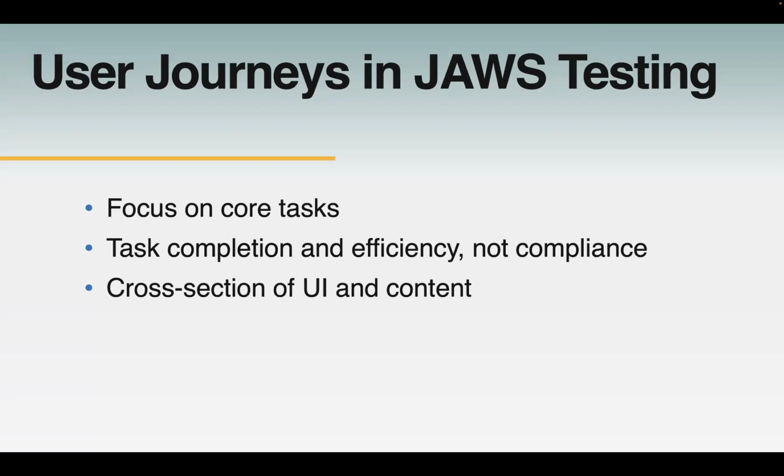It gives you a cross section of UI and content. We have a customer of our ARC platform, a university, who set up an automated user flow. In other words, they're evaluating with automated testing that goes across their whole university experience for students.